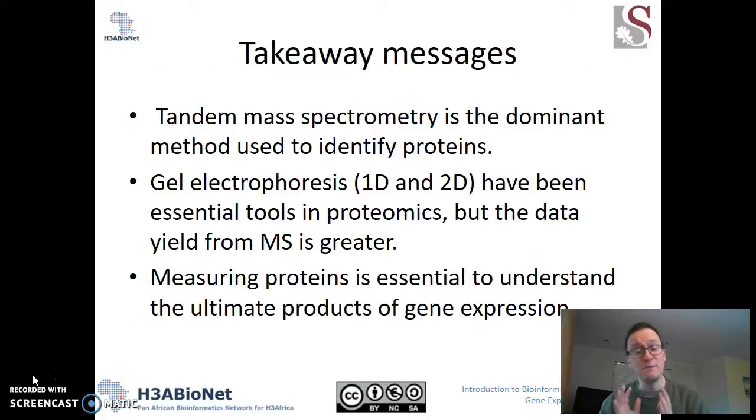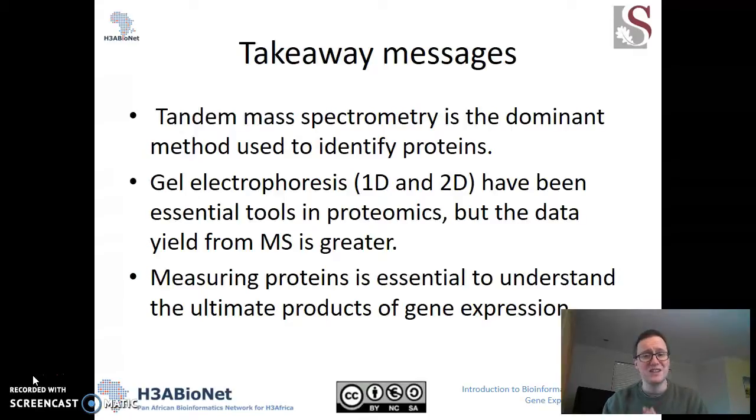So tandem mass spectrometry has become the dominant way in which we identify proteins. Starting in the 1990s, people really started saying, this is the thing we have to do. And we can now detect tens of thousands of peptides from a sample. In some cases, 100,000 different peptides can be identified from a single sample. That's pretty astonishing.